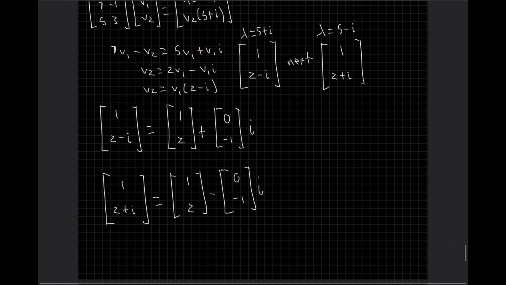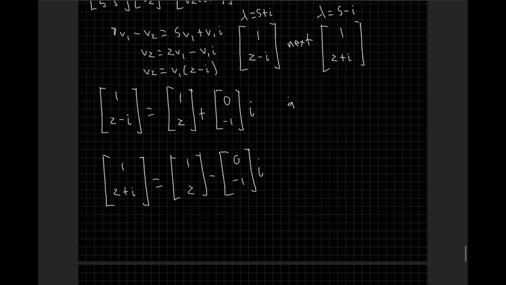So here we can quickly identify what our A and B vectors are. Our A vector equals 1, 2. Our B vector equals 0, -1.